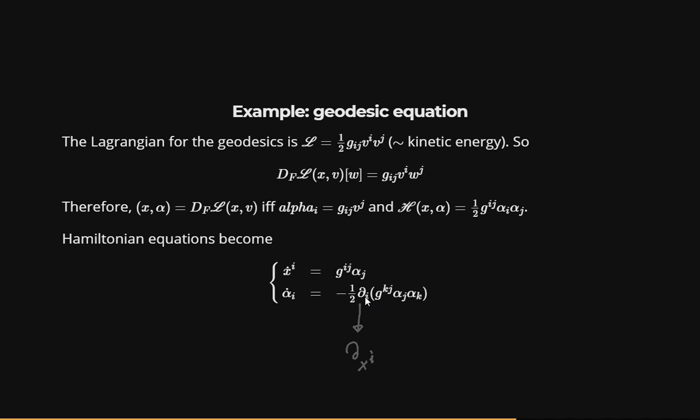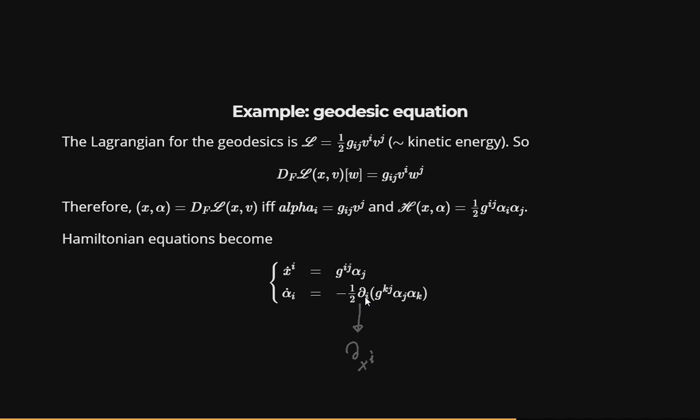Even if you wrote it down as a first-order differential equation for x and v, it involved taking second derivatives of the Lagrangian, so it involved taking second derivatives of the metric. This formulation takes only first derivatives of the metric, of the Hamiltonian and hence the metric. So this is easier to compute.